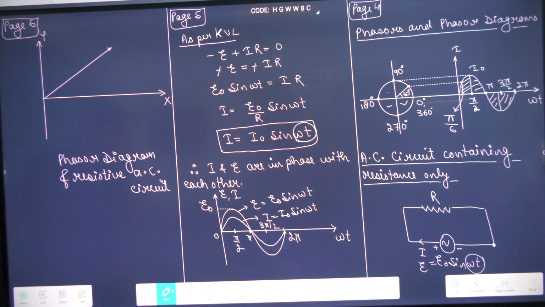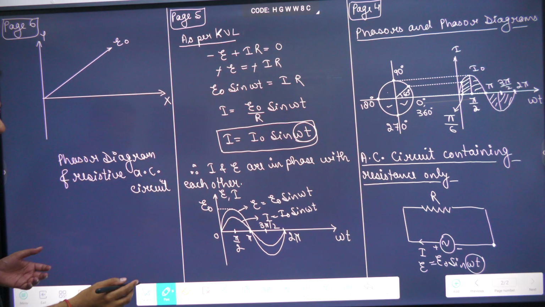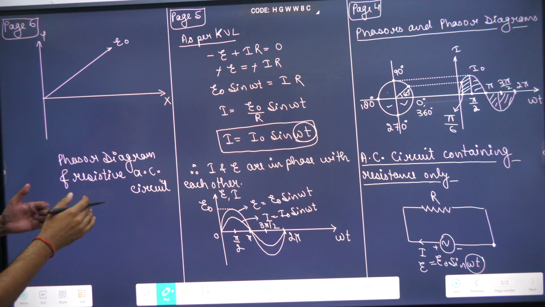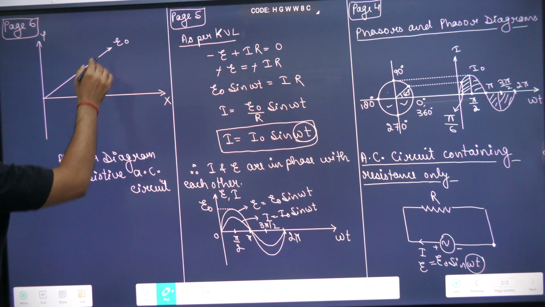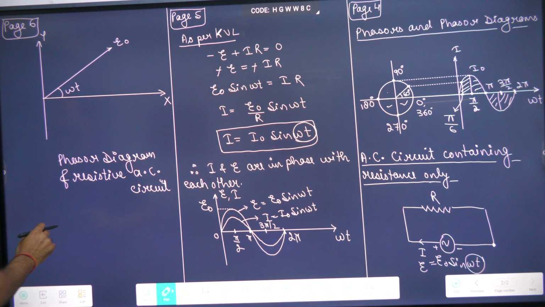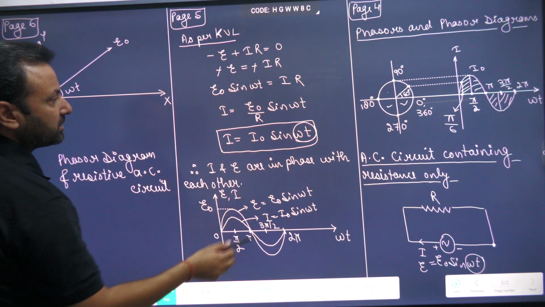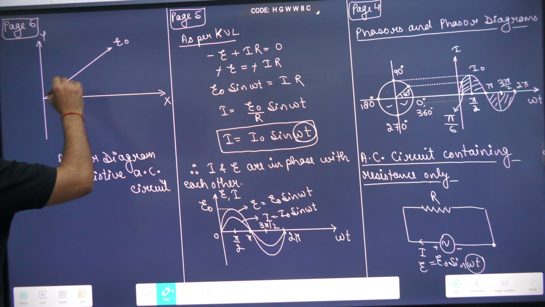This is E naught. The maximum possible value of EMF is E naught. Obviously, current is always less than EMF. And this E naught is making what angle? EMF is making omega t angle with the x-axis. In the same way, I is also making the same angle. They both are in phase.